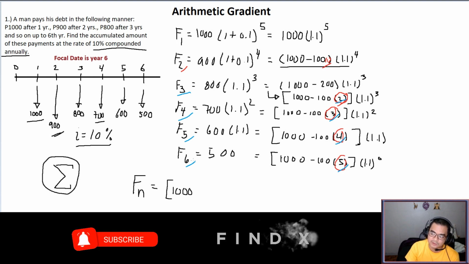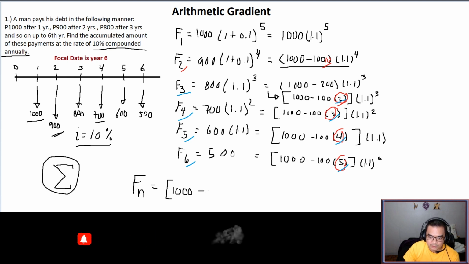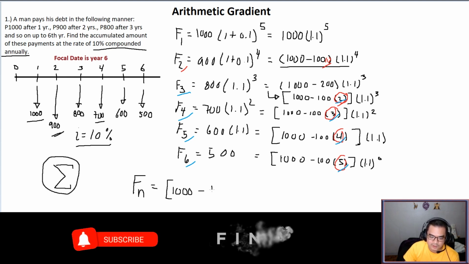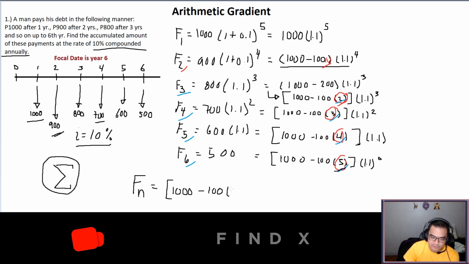So as you can see, the pattern is just minus 1. Therefore, I can say the general formula will be minus 100, which is a constant, times what? If this is n, this one must be minus 1. So subtracted to 1 to have this one. So this must be n minus 1.